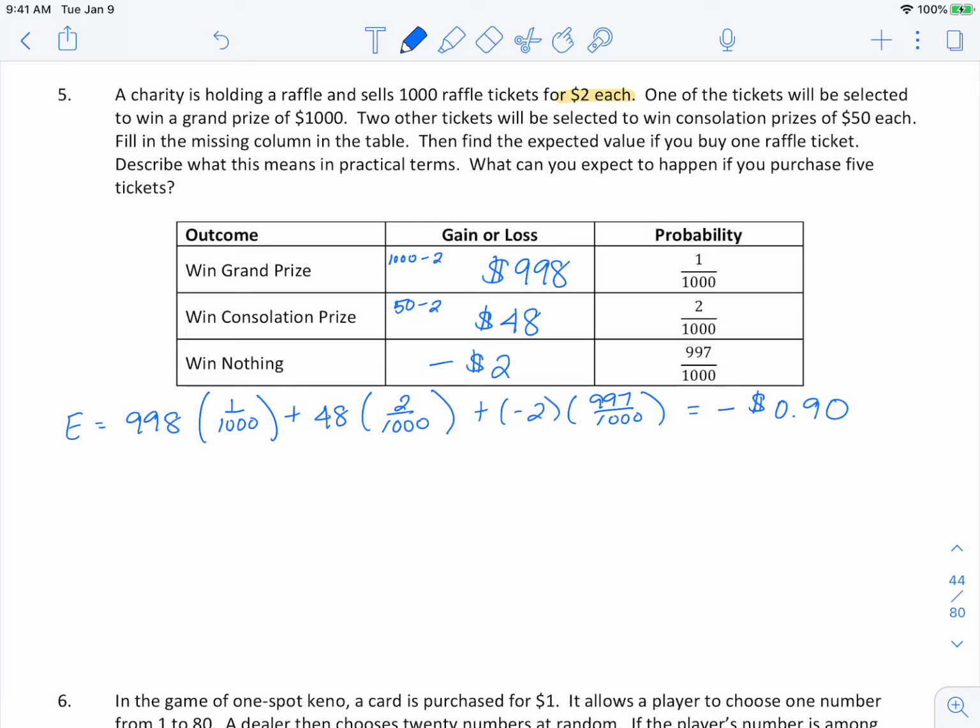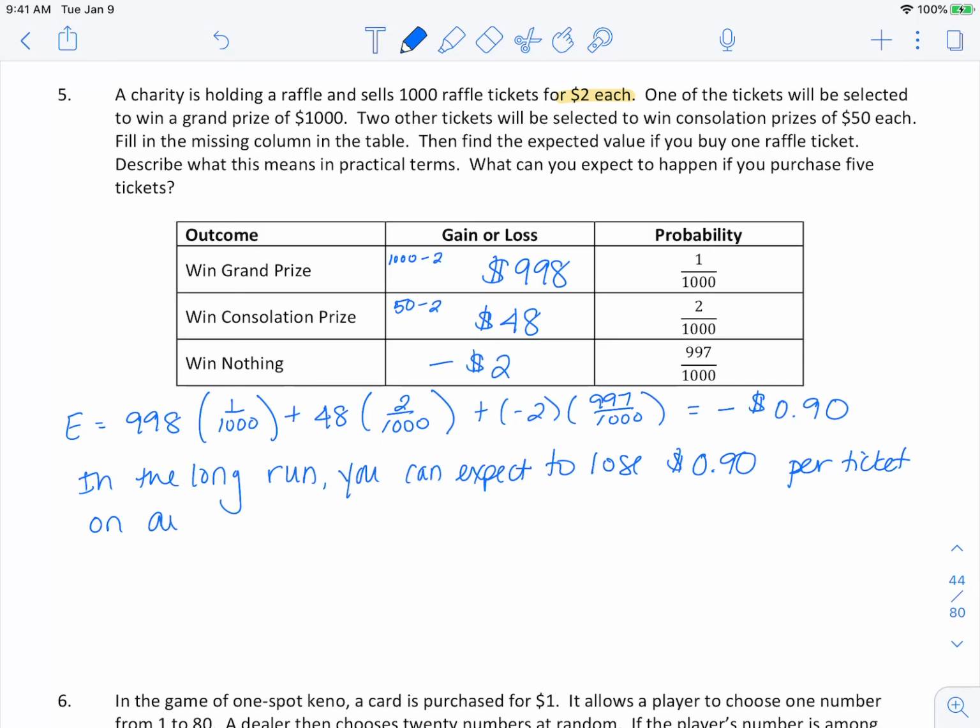So what this means is, in the long run, you can expect to lose 90 cents per ticket on average.